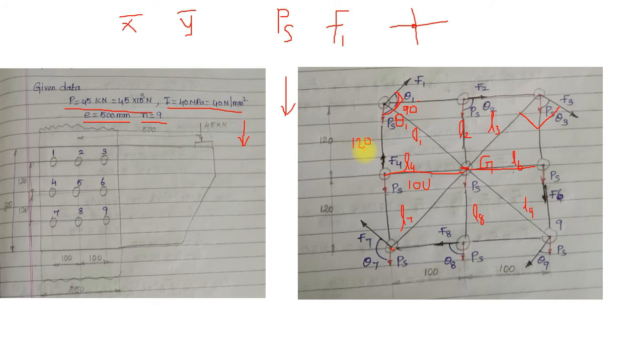You consider this a triangle, then I can find this length. Since it is symmetric, L1, L7, L9 and L3 will be equal.